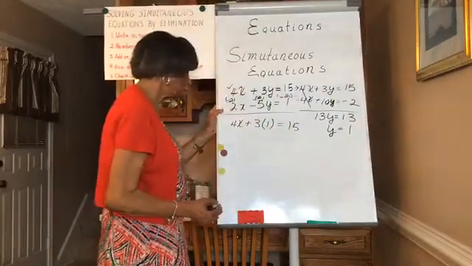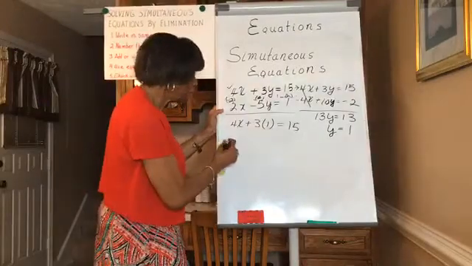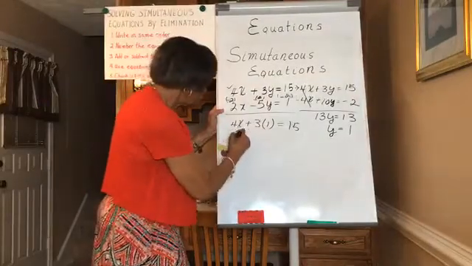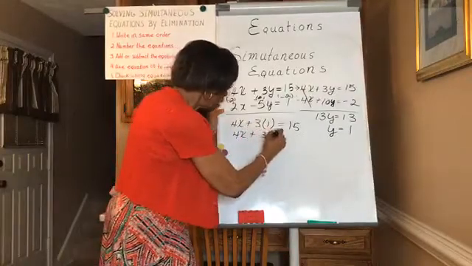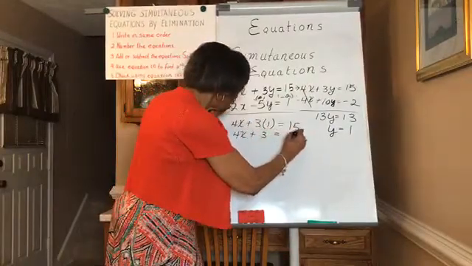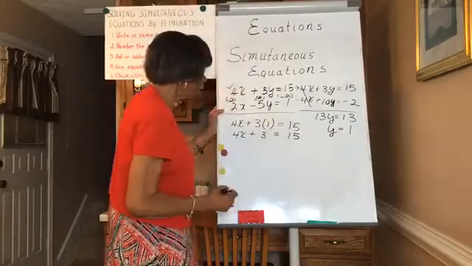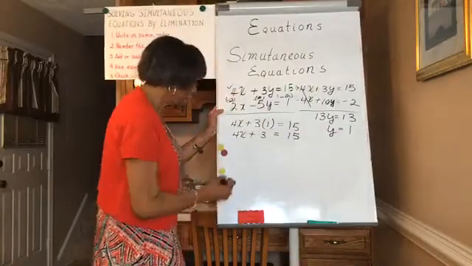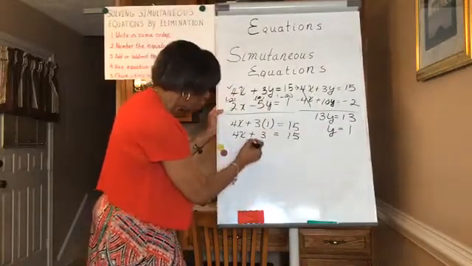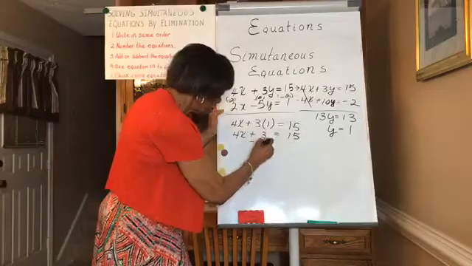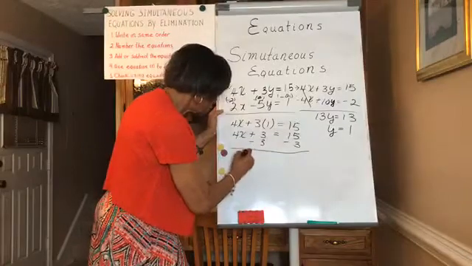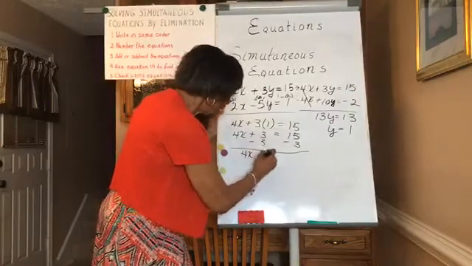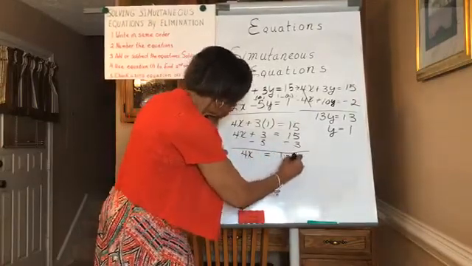4x plus 3 equals 15. We subtract 3 from both sides and get 4x equals 12.